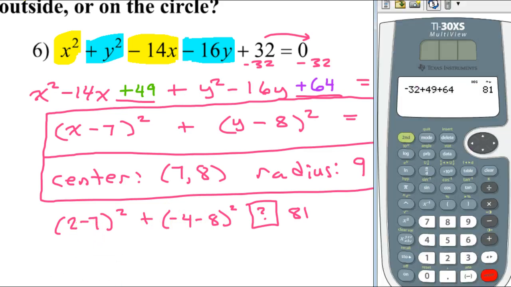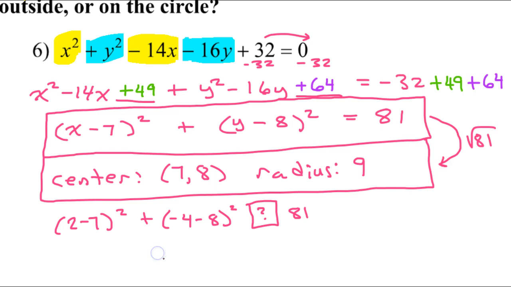So now I could cheat at this point and use my calculator if I was feeling lazy, okay? And then I would just do 2 minus 7 squared plus negative 4 minus 8 squared. Okay, if I was feeling lazy, maybe I would just do that. And I would get 169. So now I've got 169, and I'm asking myself, how does that compare to 81?